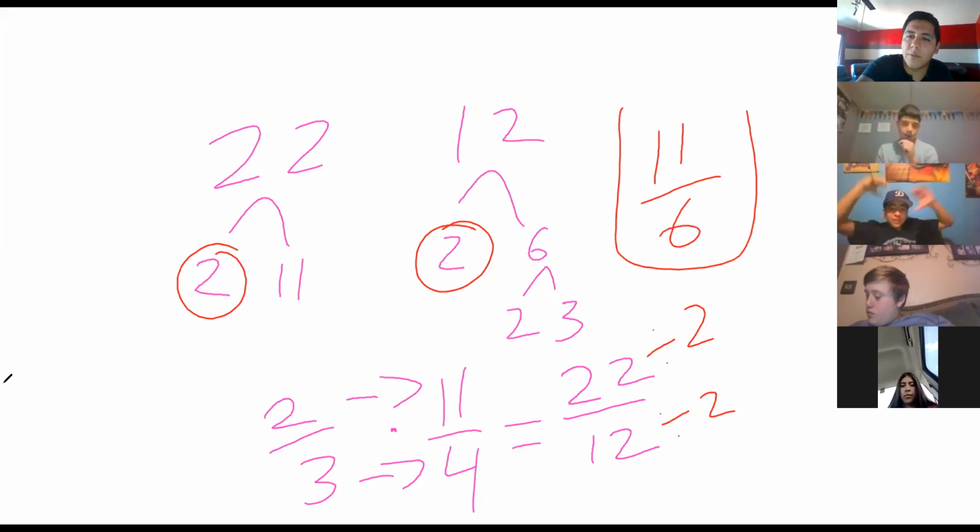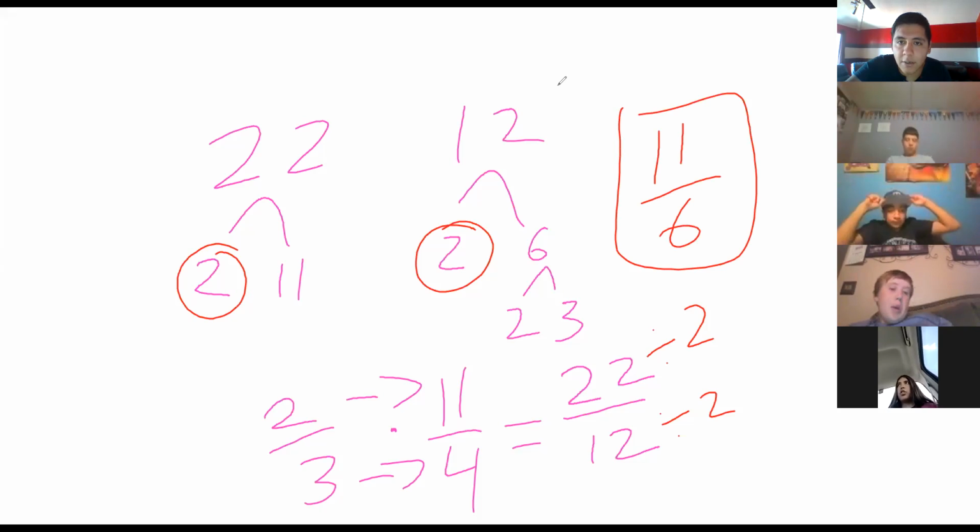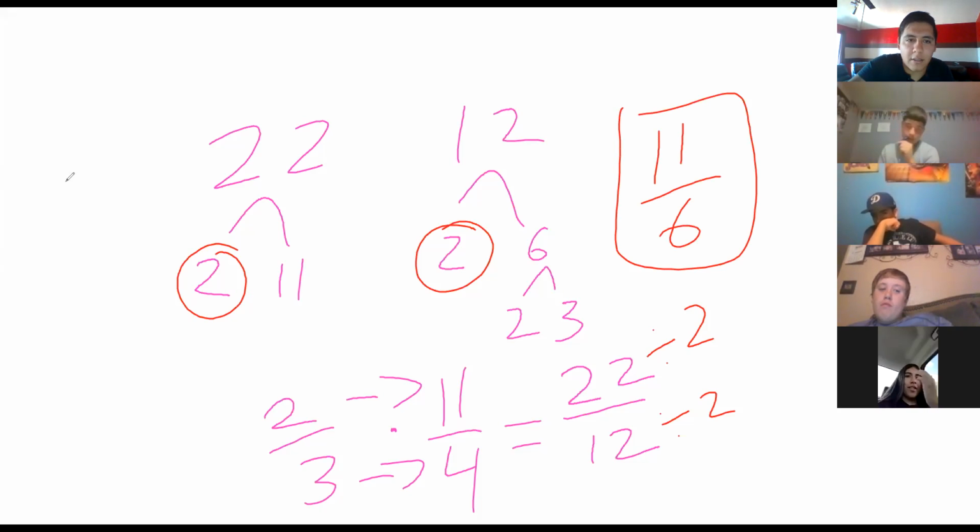So that's our reduced fraction, 11 over 6. That's our simplest form. But here's what I want you guys to notice. Over here, on these numbers, once we circle our 2, what are we left with?